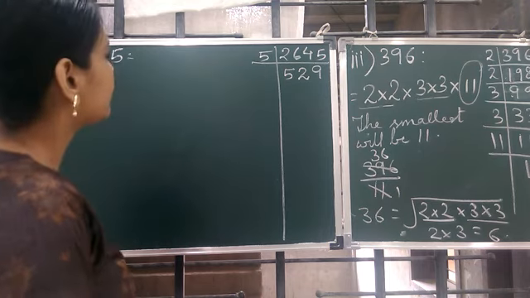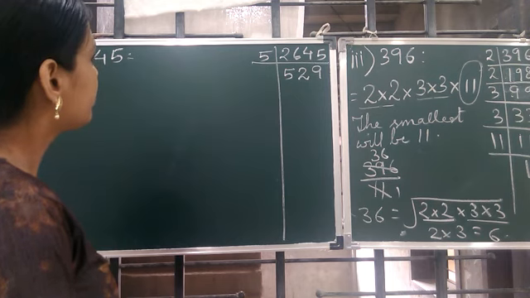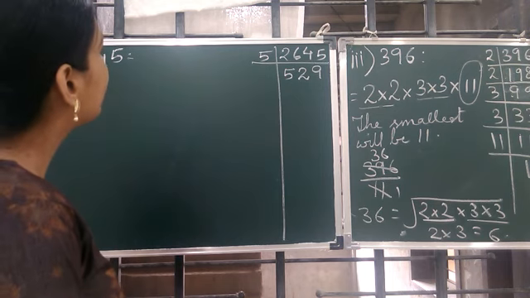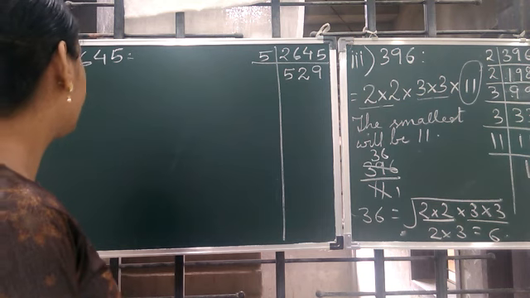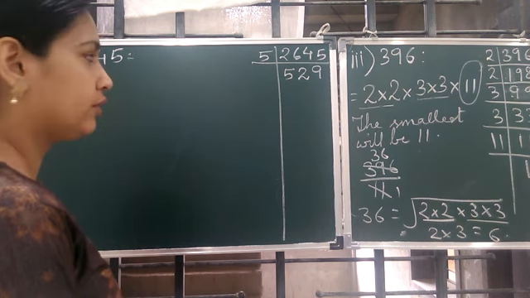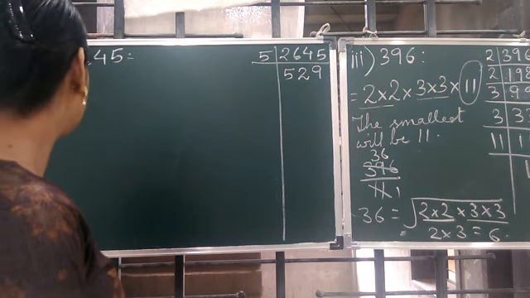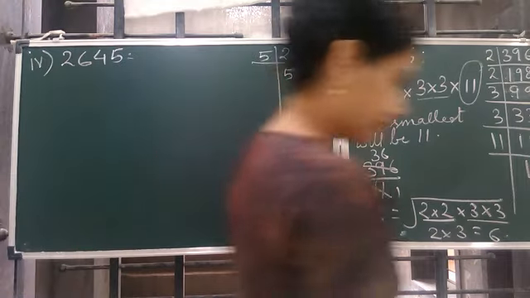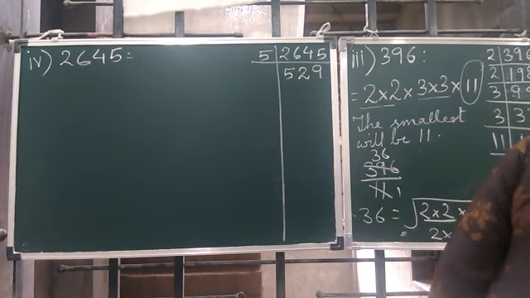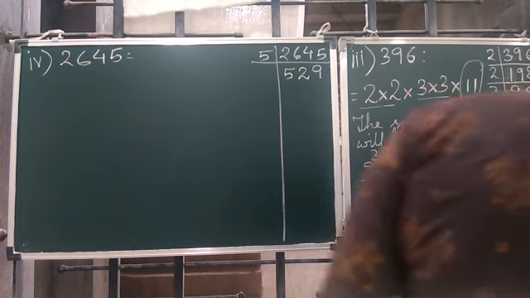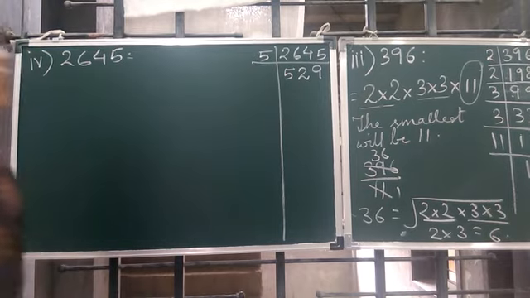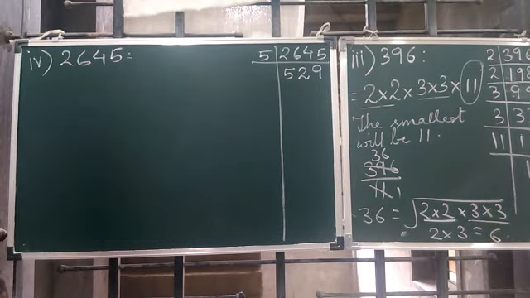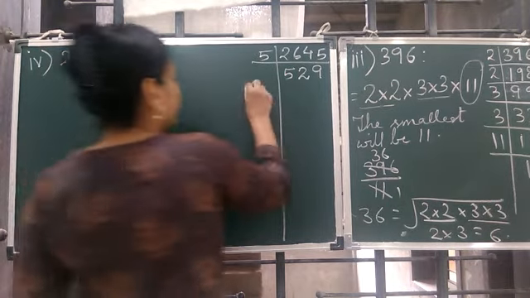Now let's check by 7. 7s are 49. It will not go by 7. It will not go by 9. Will it go by 11? No, it will go by 23.